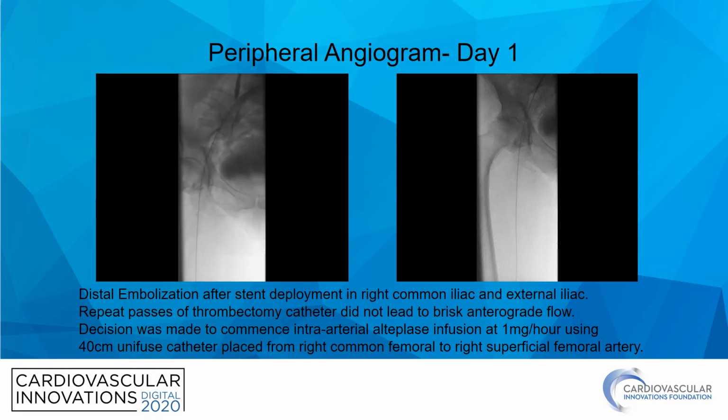The next image shows distal embolization after stent deployment in right common iliac and external iliac artery. However, repeat passes of thrombectomy catheter did not lead to brisk anterograde flow, so decision was made to start intraarterial alteplase infusion using Unifuse catheter.